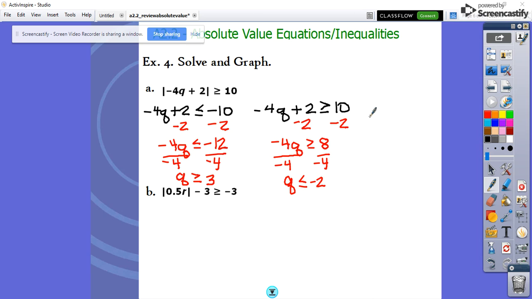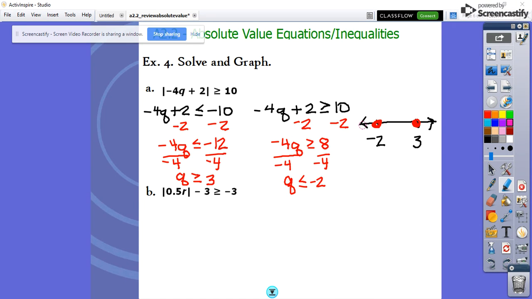So if I think about this on my number line, and on your homework sheet, the number lines are already drawn for you, so you don't have to worry about drawing them. We should have, because of our equal to's, closed dots, and then we should have shading. Where are we less than -2?